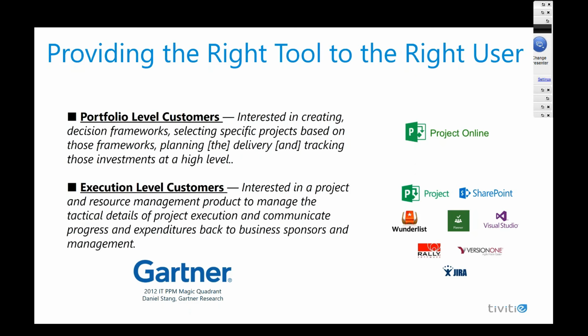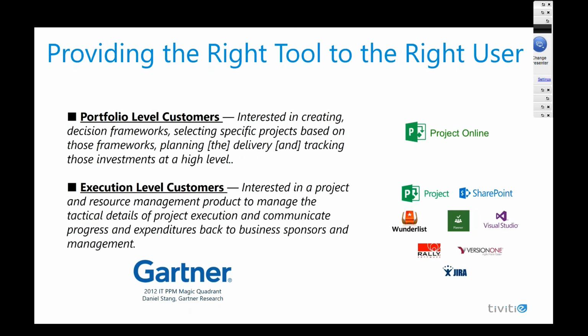Down at that level in the execution, we're looking at different tools that people might be using, and this is just a small subset of what people are using in the marketplace today. There's Microsoft Project on the desktop. People are managing things in SharePoint lists and task lists. People are using tools like Wunderlist, which was recently acquired by Microsoft and is becoming part of the Office 365 stack. The Office 365 Planner, which is a lightweight planner that folks are liking to use.